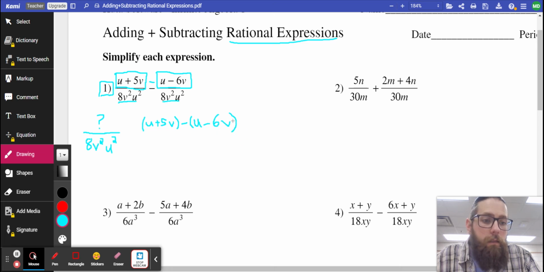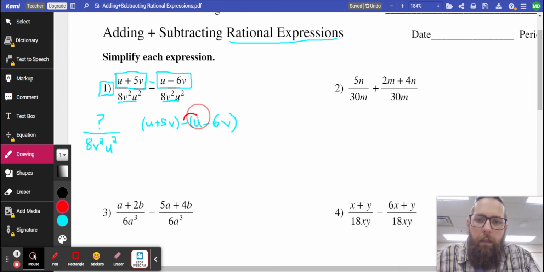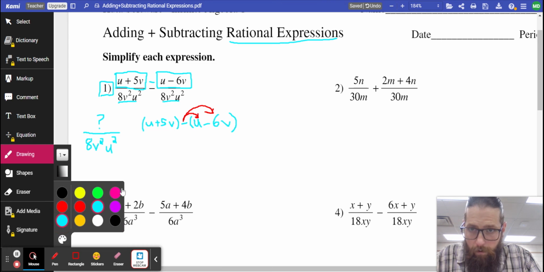Please don't be lazy and skip the parentheses, because now you need to recognize that a negative sign in front of parentheses is asking you to distribute that negative sign to change the values of both terms inside.